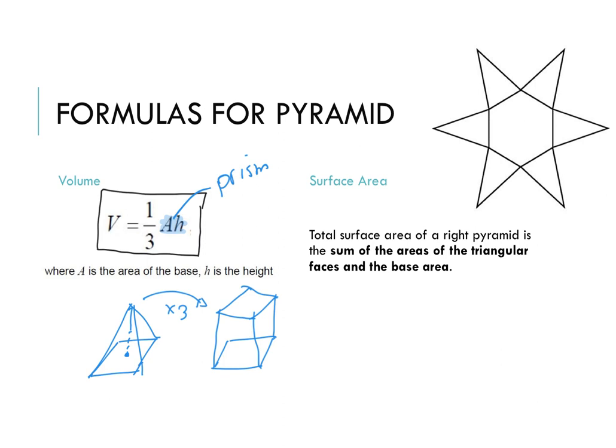The important thing is that the bases are exactly the same, so this base is identical to this base and they have the same height. And you're going to notice that this pyramid fits inside the prism exactly 3 times. And that's the reasoning behind our formula.